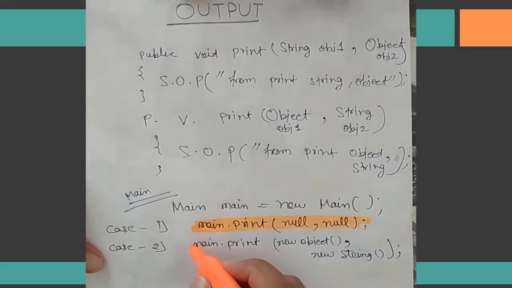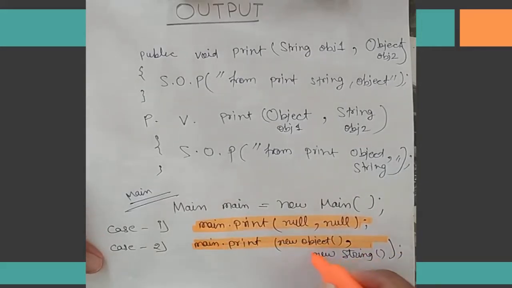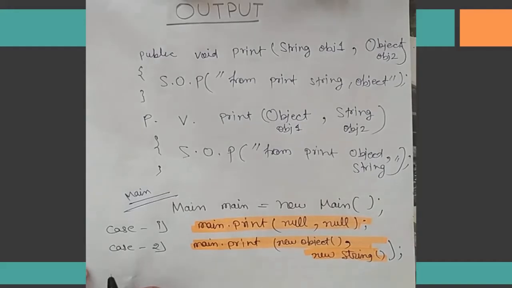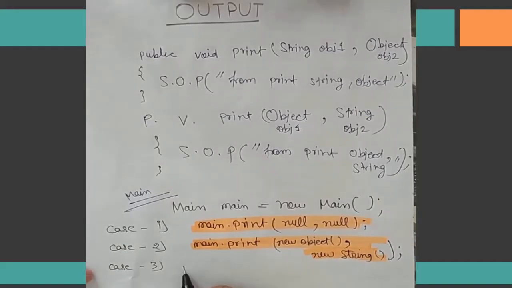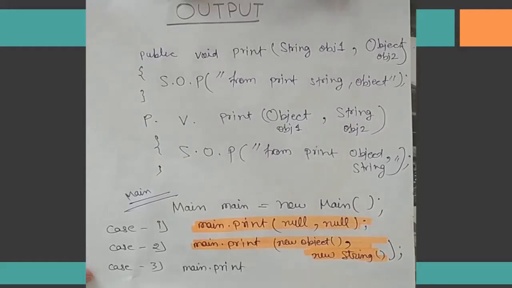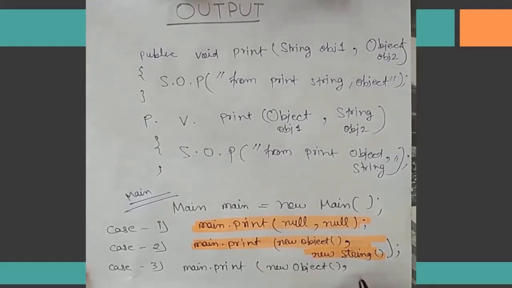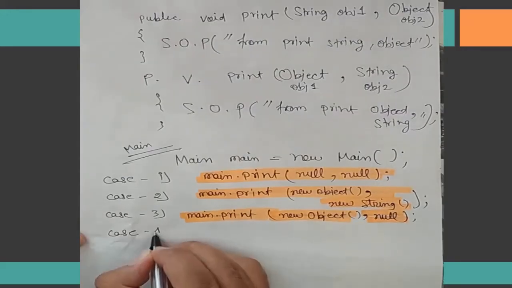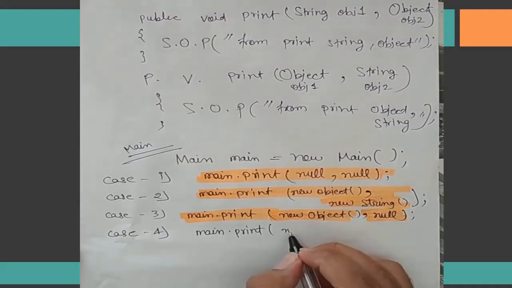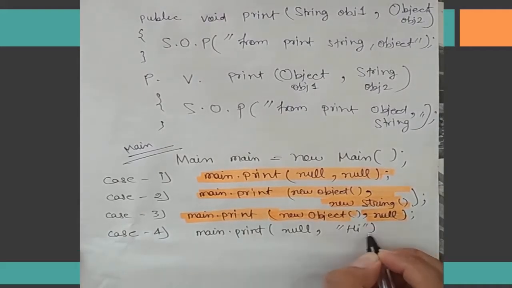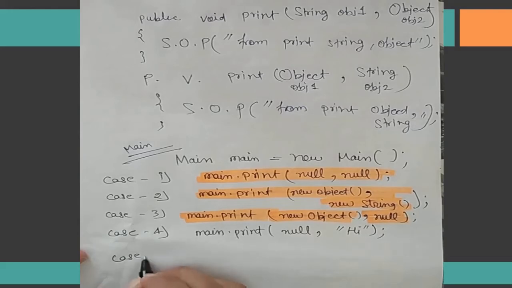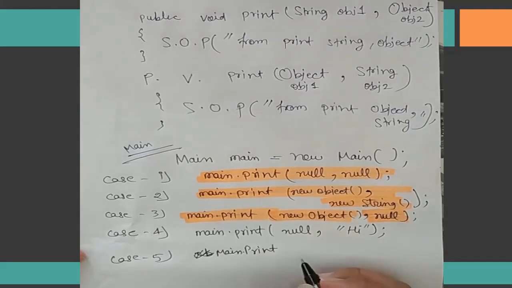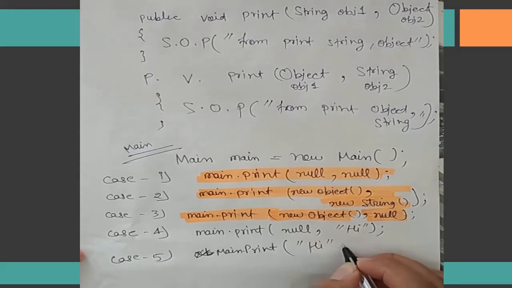Case 3: main.print, passing new Object comma null. Case 4: main.print, passing null comma "hi". And case 5: main.print, passing "hi" and again string "hi".